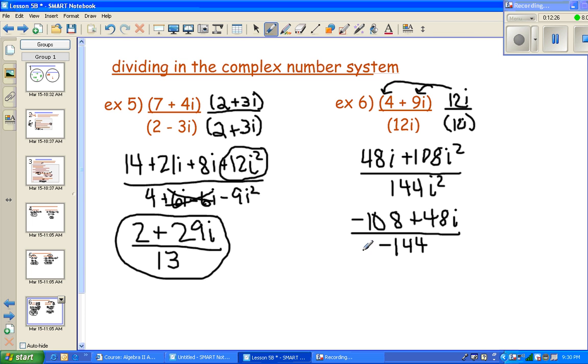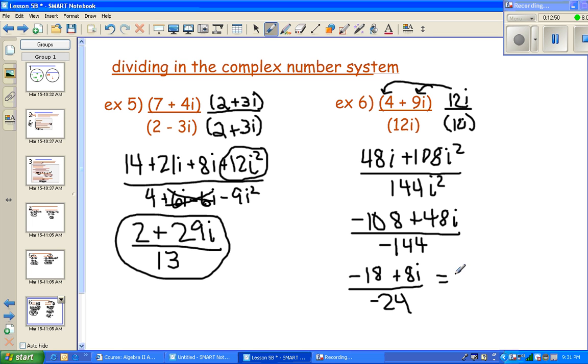I don't know if that's going to get us all the way there. So that's going to give us negative 18 plus 8i over negative 24. So I should have gone with 12.